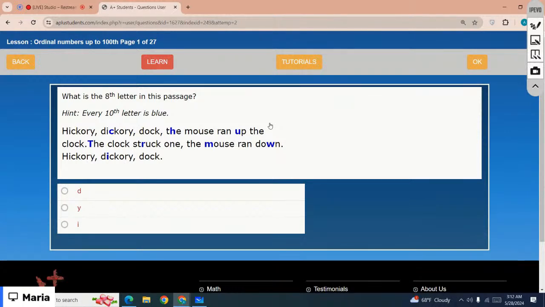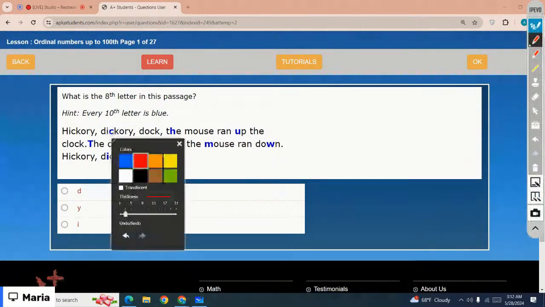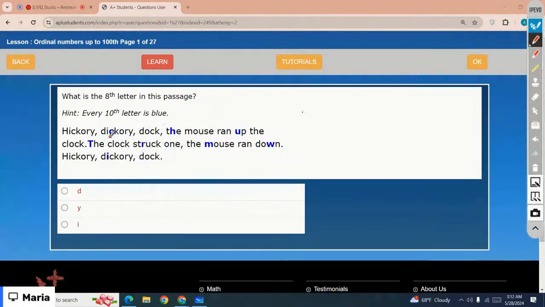What is the eighth letter in the passage? So which is the correct option? Every 10th letter is blue. So this is the 10th letter. So which letter is 8th, 10? C is the 10th letter.